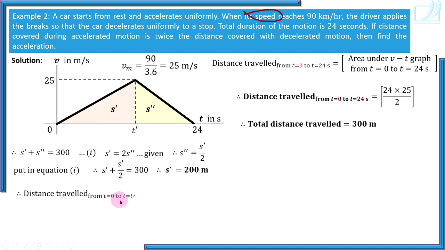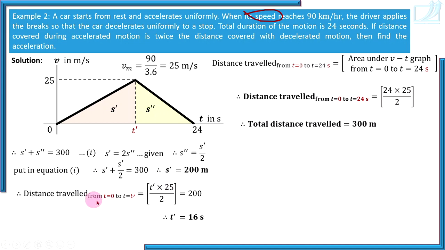Now distance travelled is equal to the area under the VT diagram, and for 0 to t dash, the distance covered is S dash, and that is t dash into 25 by 2, base into height by 2, and we have found it as 200 already. So that gives you the value of t dash. So t dash is 16 seconds.